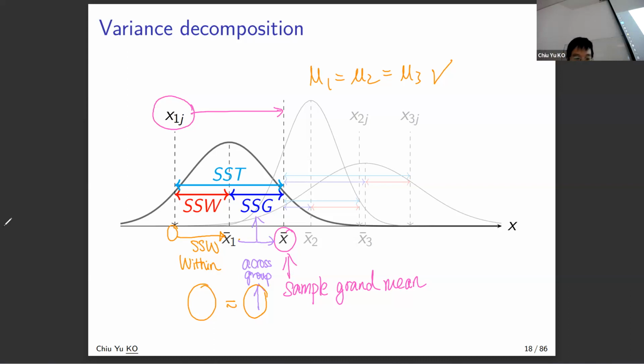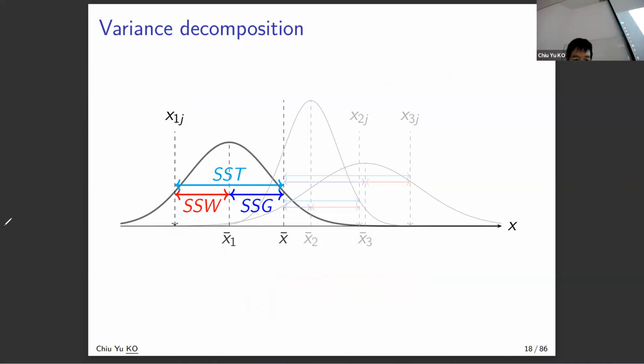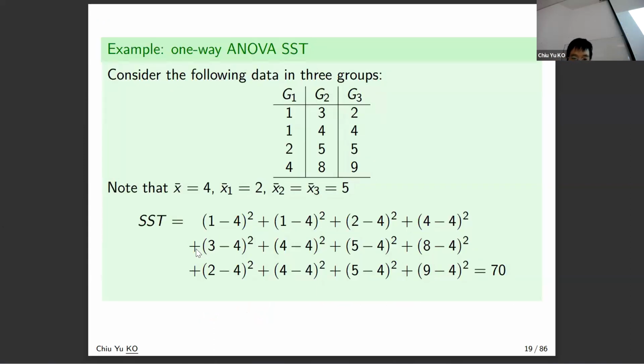Now I give you 3 important formulas, then you should be fine. Before I do that, this is how you do SST. But I think you can check it easily, just to illustrate what they are.